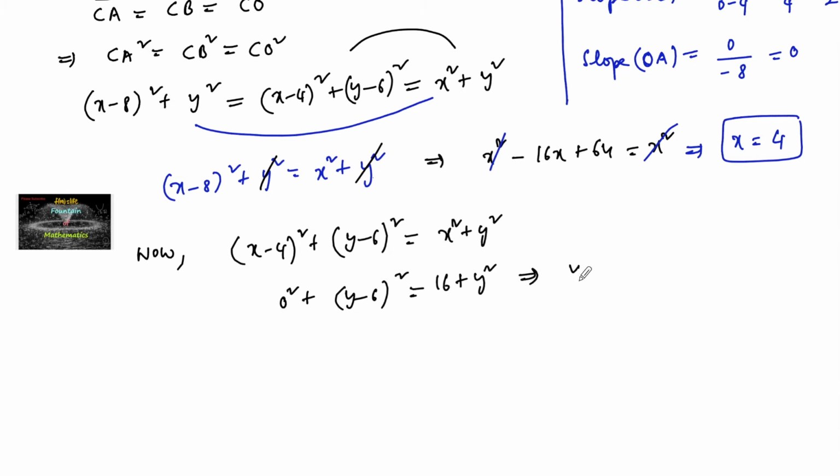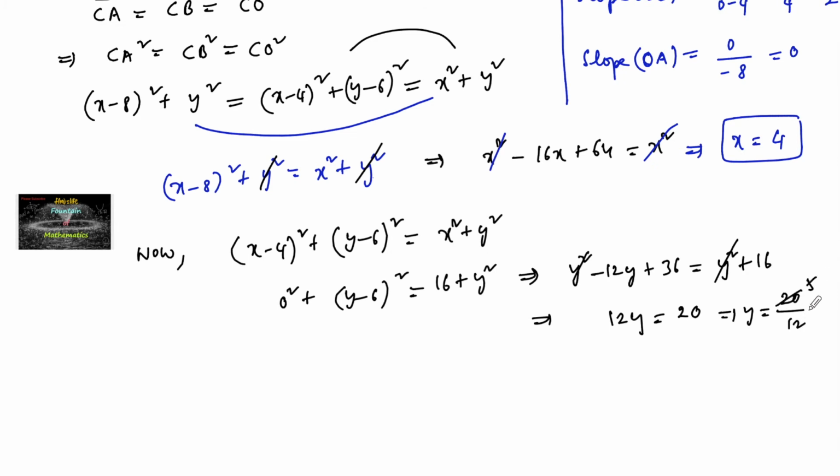On simplifying, y square minus 12y plus 36 is equal to y square plus 16. Again y square gets cancelled. So 12y is equal to 36 minus 16, that is 20. So y is equal to 20 upon 12, which is 5 by 3. So the y coordinate is 5 by 3.